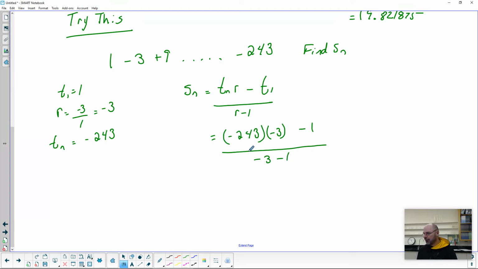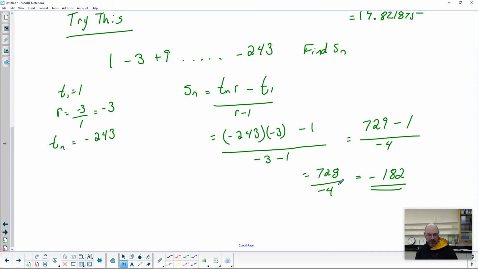So if we take negative 243 times negative 3, we get 729. Subtract 1 over negative 4. So this is going to equal 728 over negative 4, which we can reduce. So that's going to be negative 182 if we do the dividing.